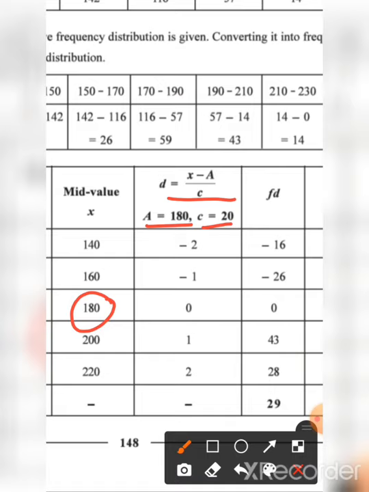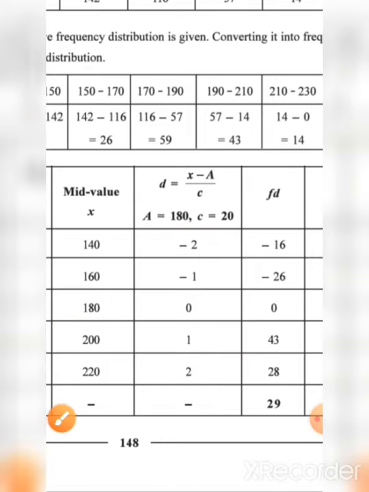Now for each and every row you apply the formula D equals xi minus A, divided by C. You will get the values -2, -1, 0, 1 and 2 as the deviation for each class.